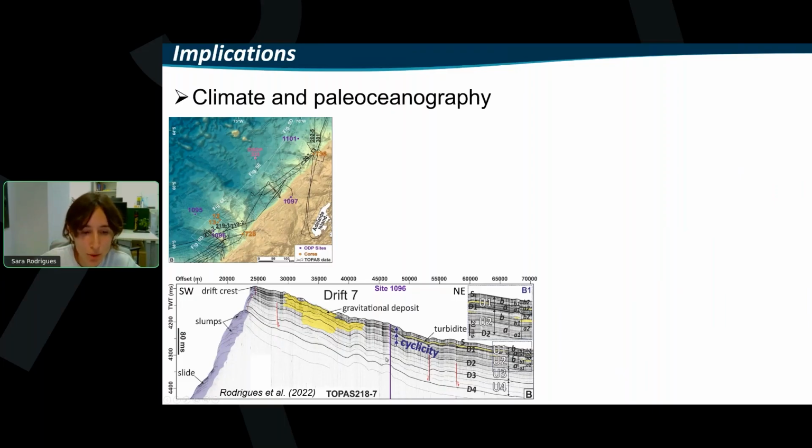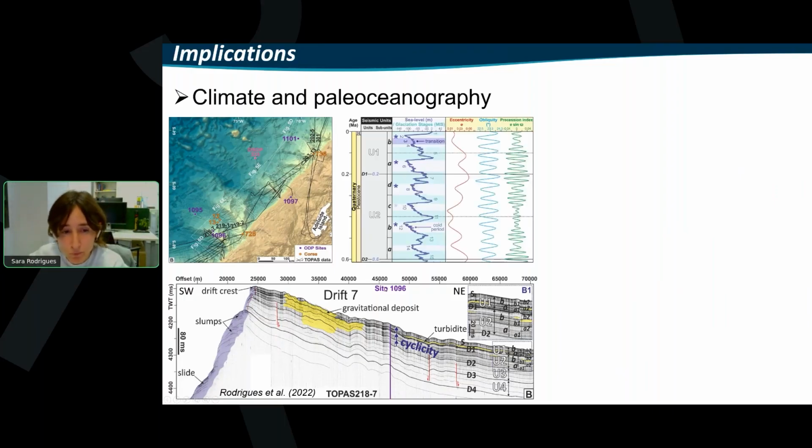When we took a look into the core that crosses through this sediment drift, so site 1096, and we compared its ages to the patterns that we see in the seismic, we realized that these patterns can be correlated to the marine isotopic changes. So to the changes between cold periods, marked here in purple or dark blue, we could say, and marine isotopic stages, marked here in this more greenish color.